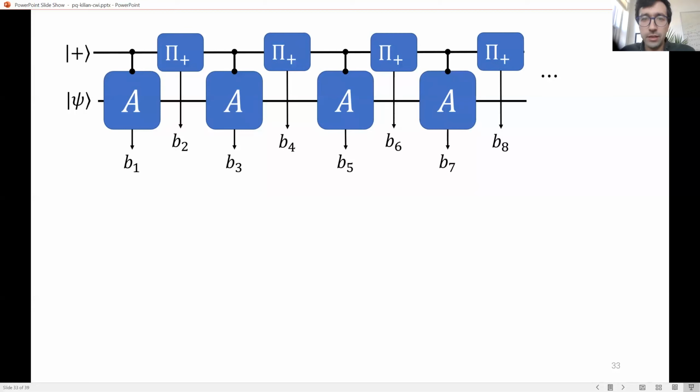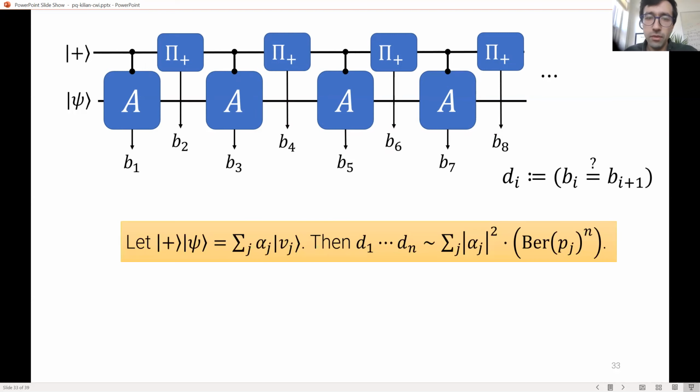So now that we've done this analysis, I want to take a step back and think about what is happening to the state during this algorithm. So I'm going to define this di to be equal to whether bi and bi plus 1 are equal. So it's 1 if they're the same and 0 if they're different.